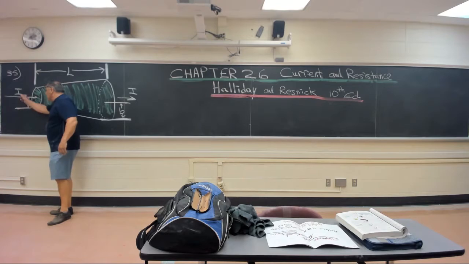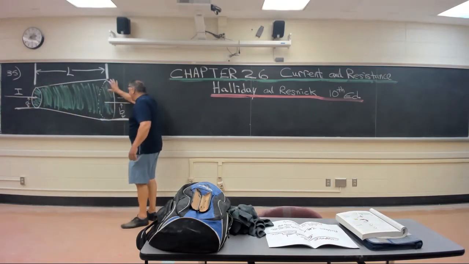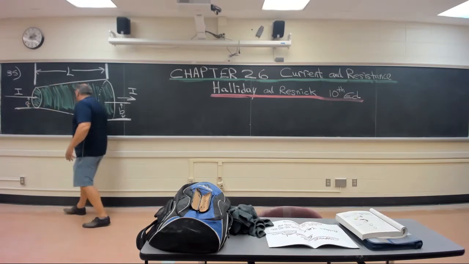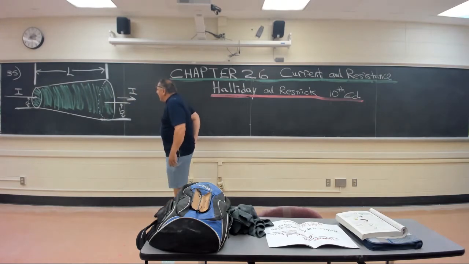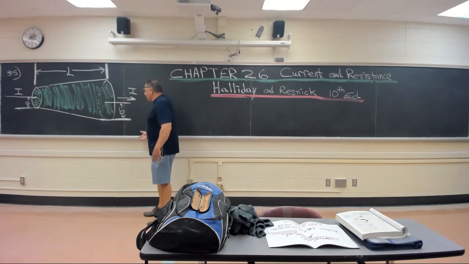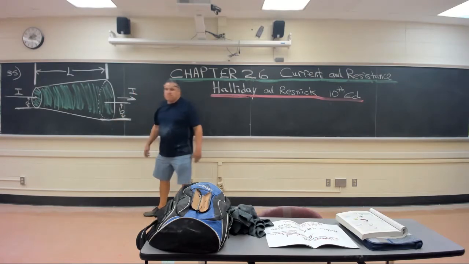This line has no significance, just telling you that the smallest cross-sectional circle has radius A, and the biggest cross-sectional circle has radius B.